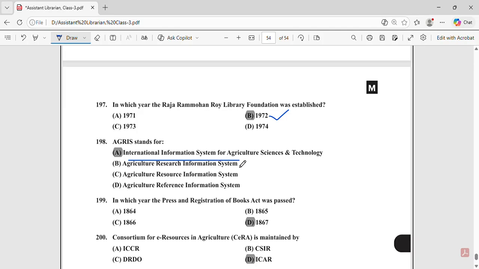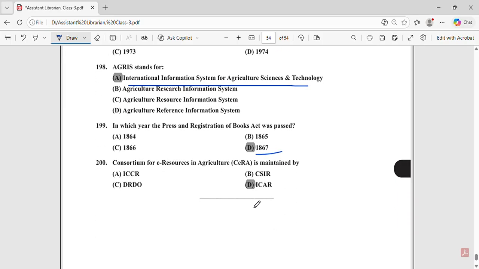In which year was the Raja Ram Mohan Roy Library Foundation established? 1972. AGRIS stands for International Information System for Agricultural Science and Technology. In which year was the Press and Registration of Books Act passed? 1867. Consortium for E-Resources in Agriculture, CeRA, is maintained by ICAR.